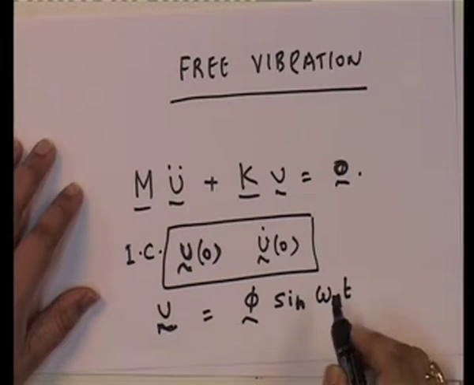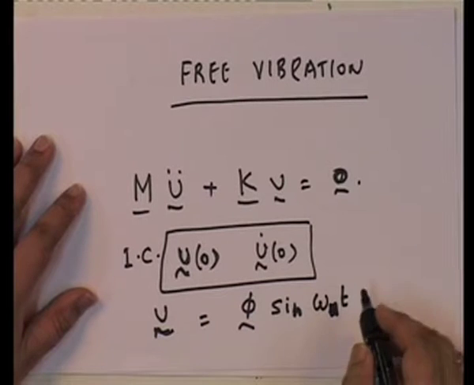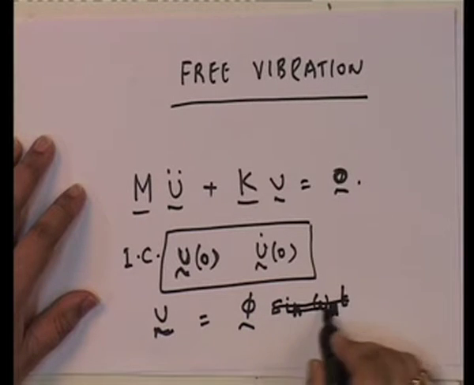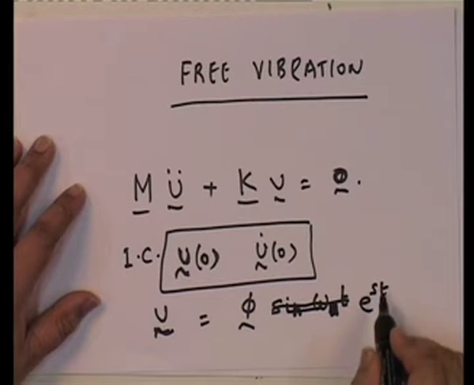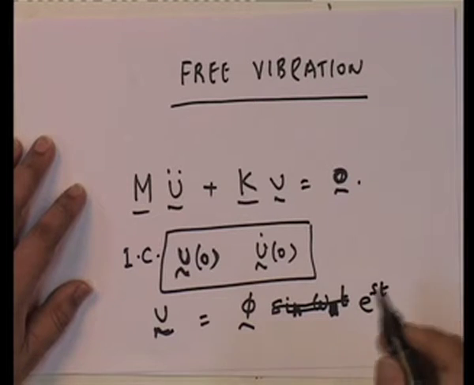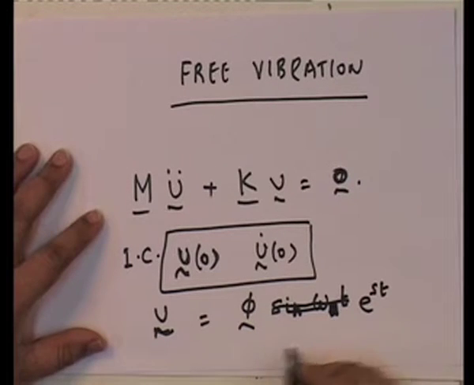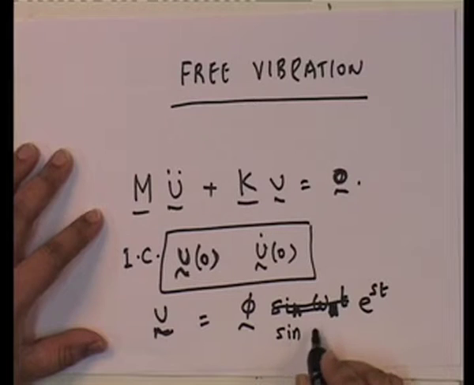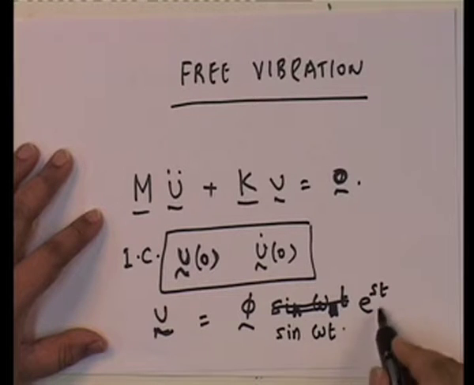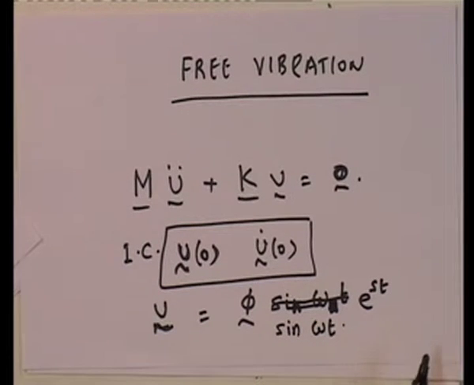Although in the classical sense, I am putting sin omega t, it actually is e to the power of s t, but I am just going with sin omega t. All of this is irrelevant. I am not going to go through the same procedure that I have gone through.